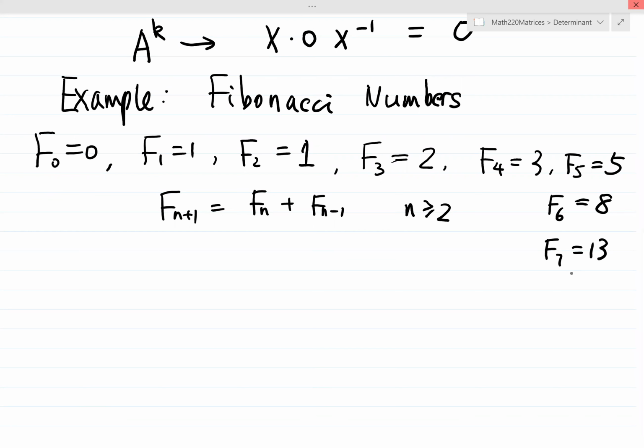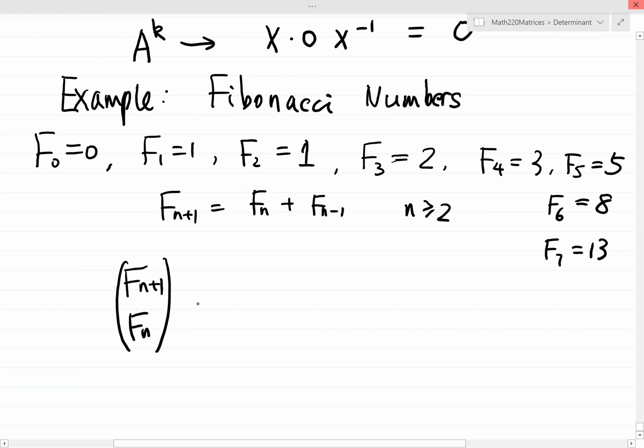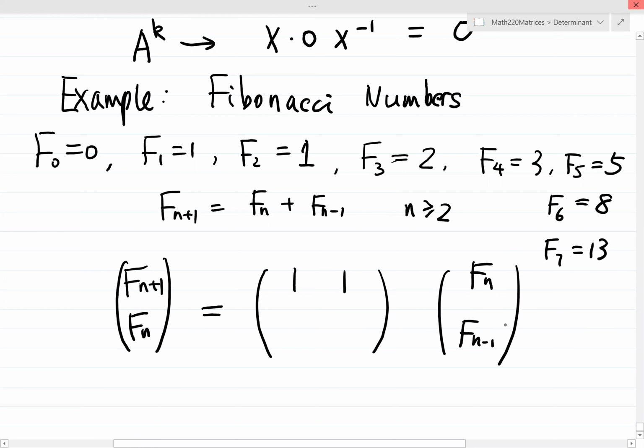Well, we can write it in this form. So use matrix form. If we write this vector Fn+1 and Fn, we can write it as this form. Use matrix multiplication: 1, 1, and here we have Fn-1. Row times column.